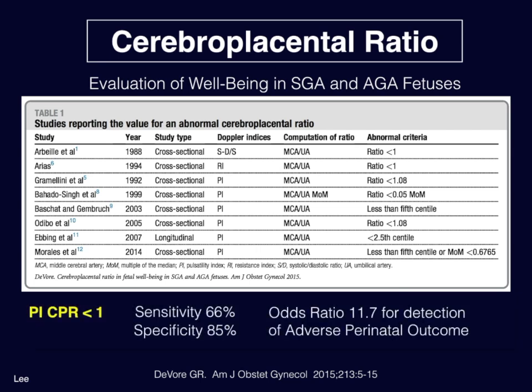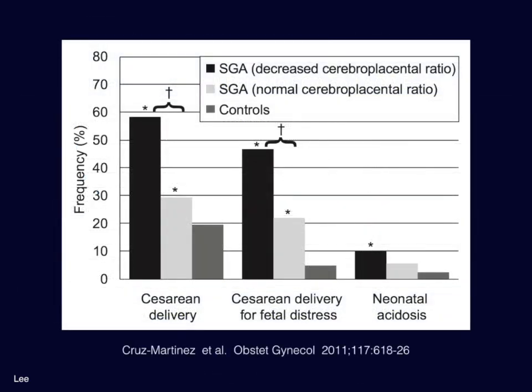A CPR value of less than 1 had a sensitivity of 66%, specificity of 85%, and a nearly 12-fold likelihood ratio of adverse perinatal outcome that included intraventricular hemorrhage, periventricular leukomalacia, hypoxic ischemic encephalopathy, necrotizing enterocolitis, bronchopulmonary dysplasia, sepsis, and death. Other investigators have reported poor neonatal acid base status with low CPRs in nearly 3,000 near-term SGA fetuses.